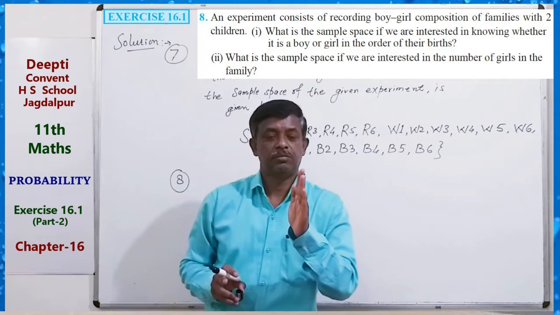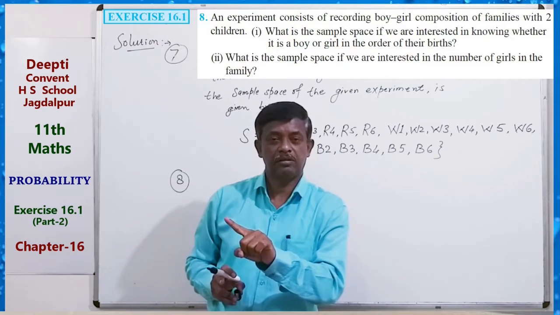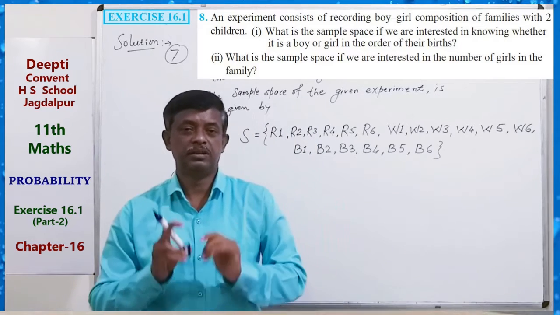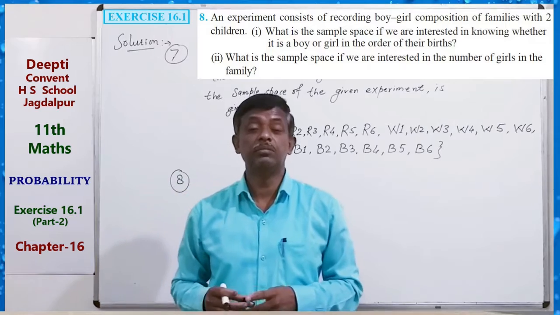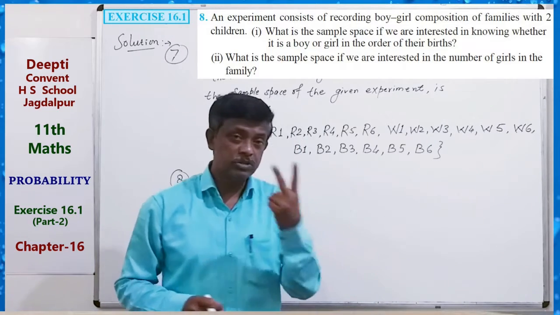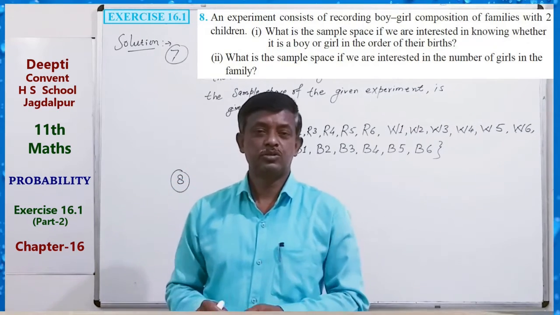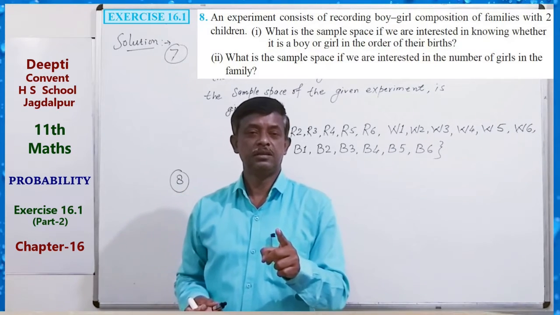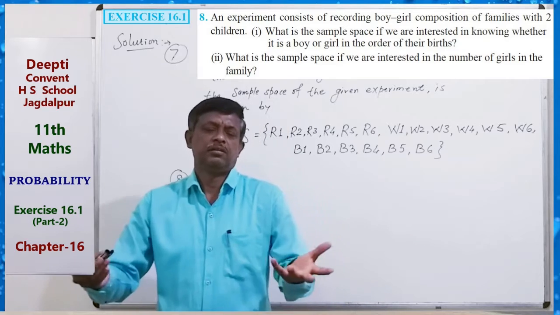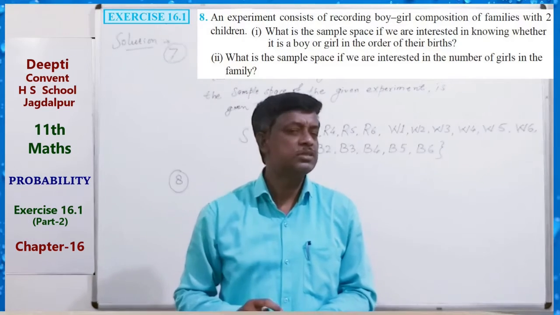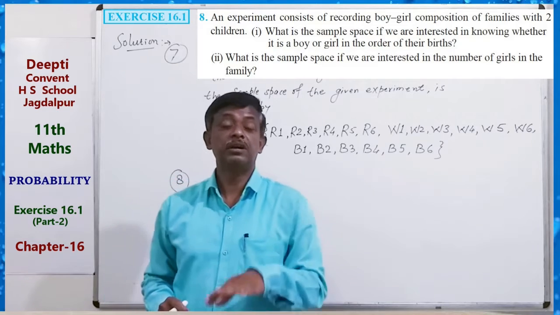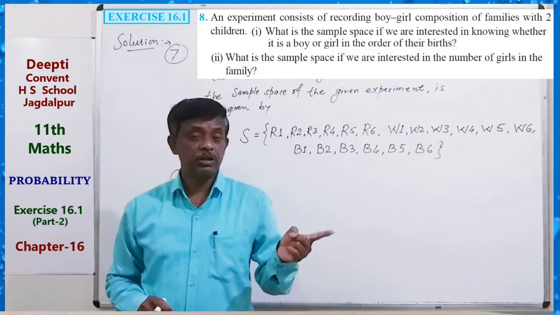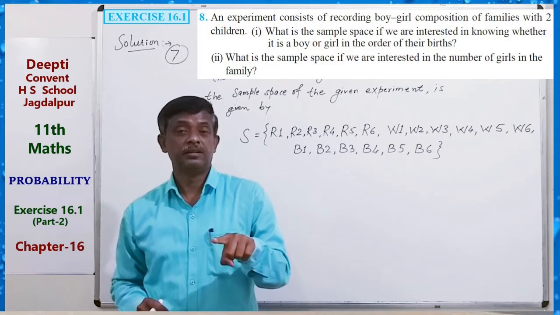And if the first birth is a girl and then a boy, then G first and then B. This is our order. Just 2 letters will be there: BG, GB. Maybe both boys, both girls, or one boy and another girl.